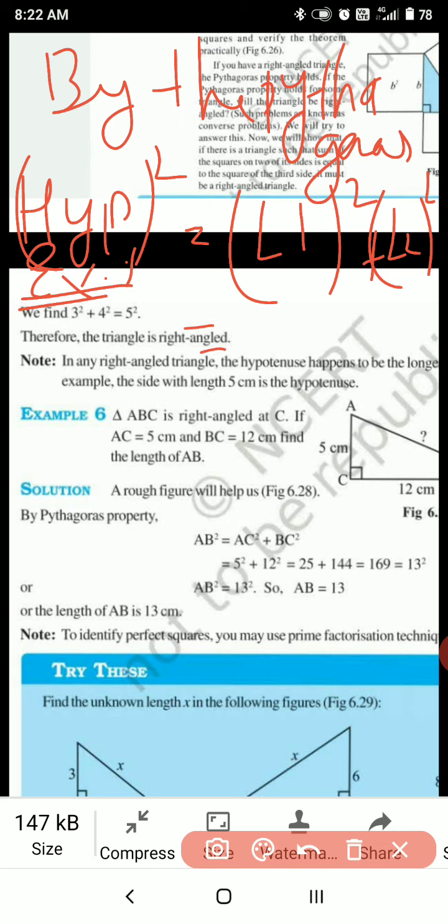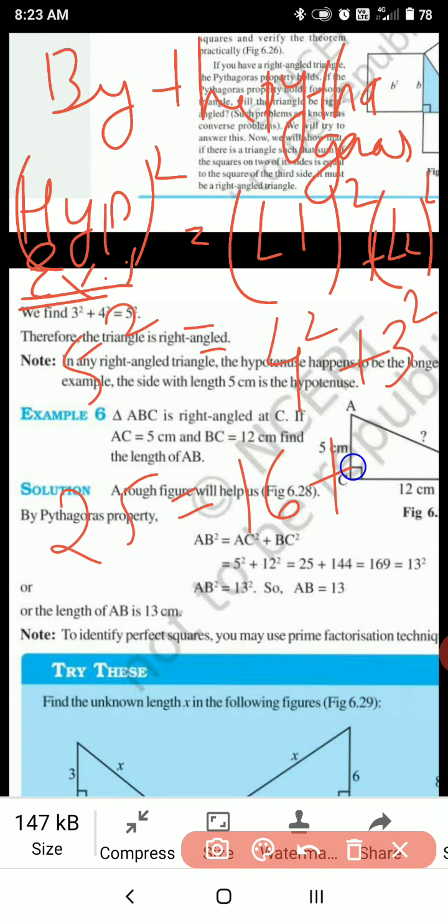I told you before that the longest side of the right angle triangle will be the hypotenuse. So here out of 5, 4 and 3, 5 is greater, so right here 5 squared. For leg 1 you can take either 4 or 3, so 4 squared plus 3 squared. Now you will get 25: 4 squared is 16, 3 squared is 9, so 25 is equal to 25.